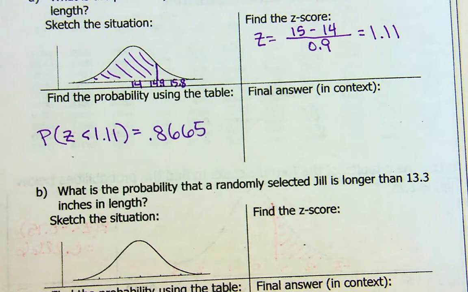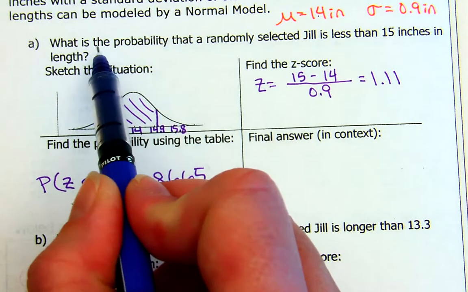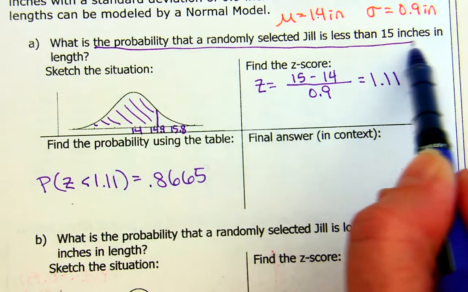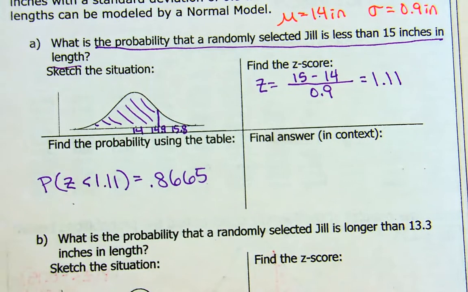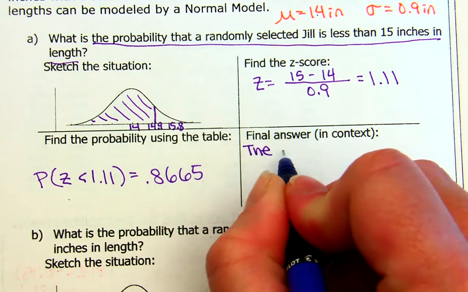Then we're just going to write the answer in context, and I always go back up and see it says what is, and then it says the probability that a randomly selected, all of this, that is my answer in context. So I write that exact same thing.